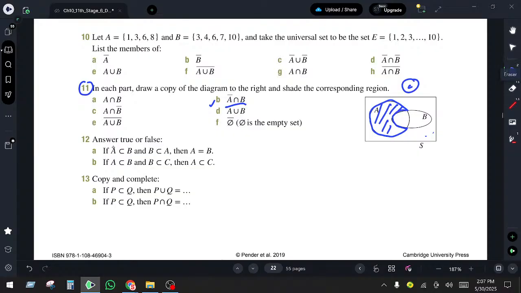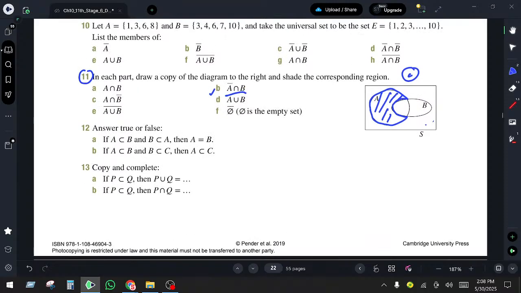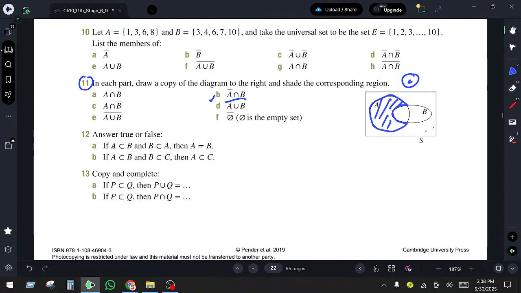What is A union B? Like A and B, both. Only A and B. This is the portion of A and B. This is A union B. What is A union B complement?